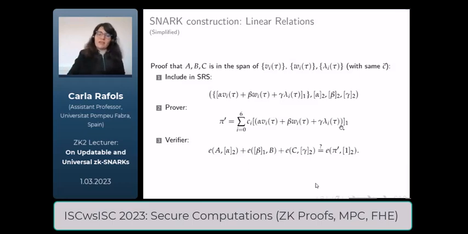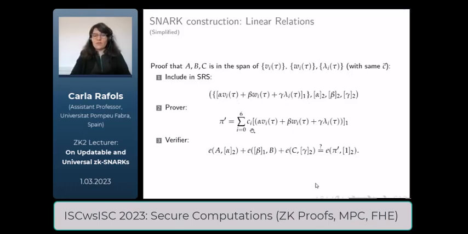What's the intuition here? The intuition is that the prover doesn't have alpha, beta, and gamma separately, okay? He has them in the other group, but he doesn't have them in group 1. He is forced to use the same Ci in A, B, and C, because he only has linear combinations of alpha, beta, and gamma that go together in the SRS.